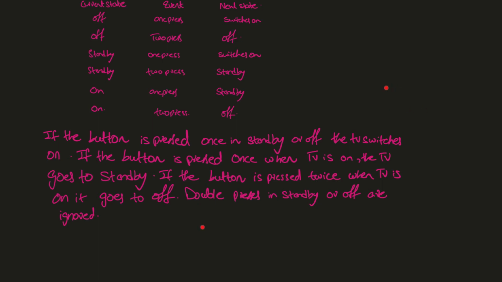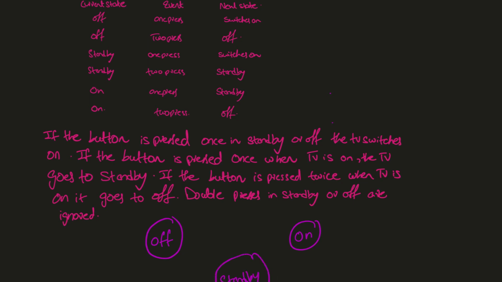So we need to make the state transition diagram for this, and we know by ourselves how we can do that. Let's go over how we can do that. We'll have off, which is one of our states, in a circle. We're going to have on, another state, and another state known as standby. So these are the three states we have.